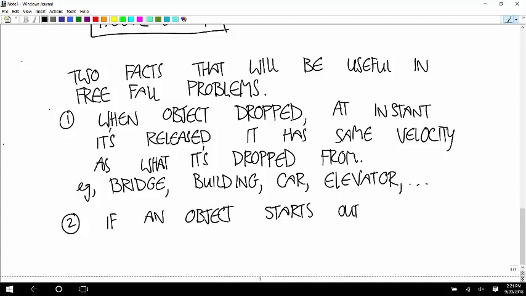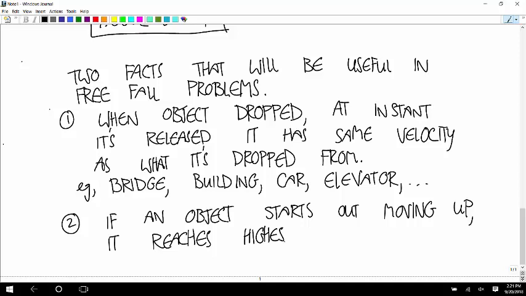starts out moving up, it reaches its highest point and the velocity is equal to 0.